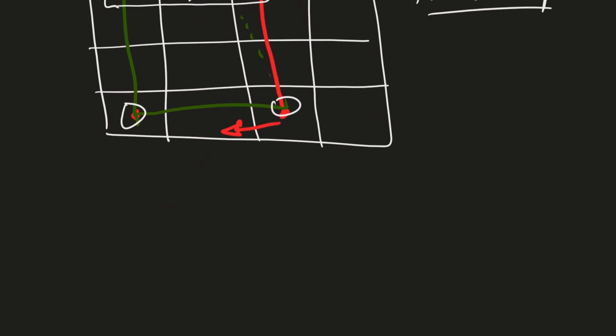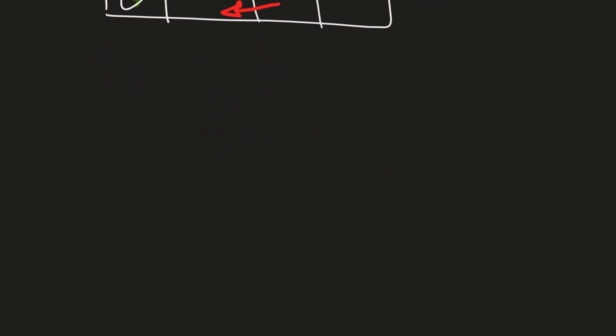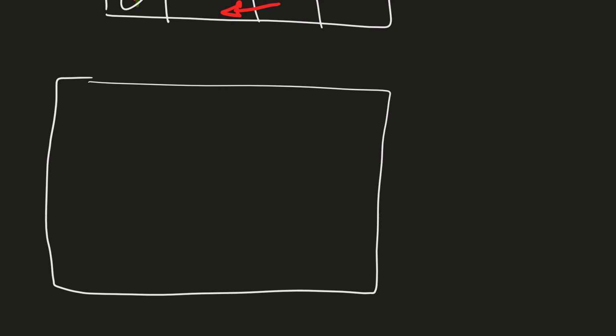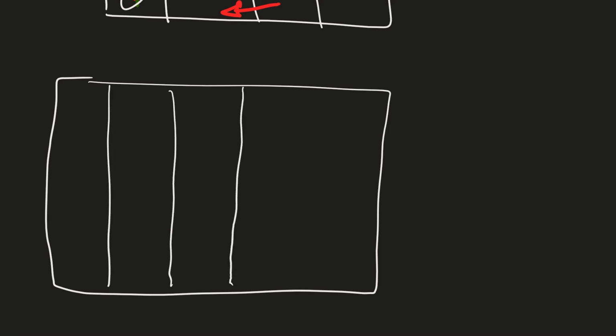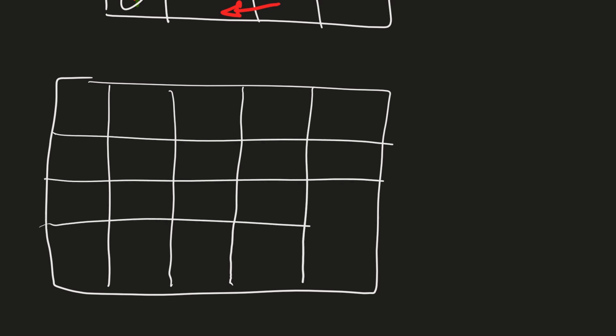And maybe we'll try another one. We'll just draw something at random here and see if it's a loop. So how about 4 by 4 again, and now I'm going to put in 8 dots just generically placed.